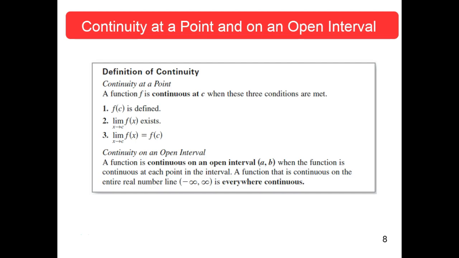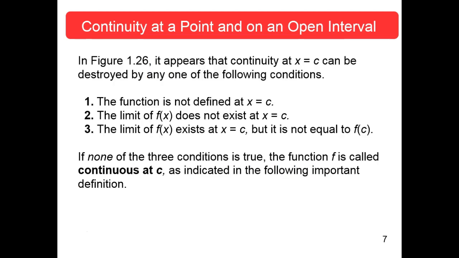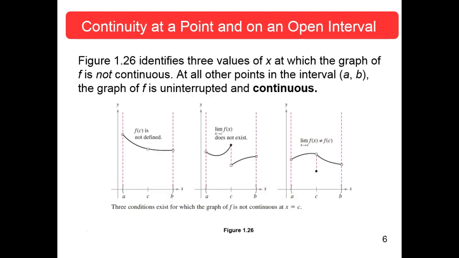The limit as x approaches c of f of x has to exist. f of c may be defined, but the limit of f of x may not. If you're just looking at this, the limit of f of x as x approaches c from the left-hand side exists, and that value is defined, but it's not from the other side.